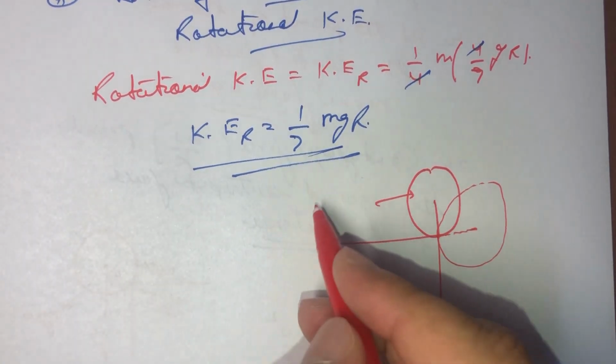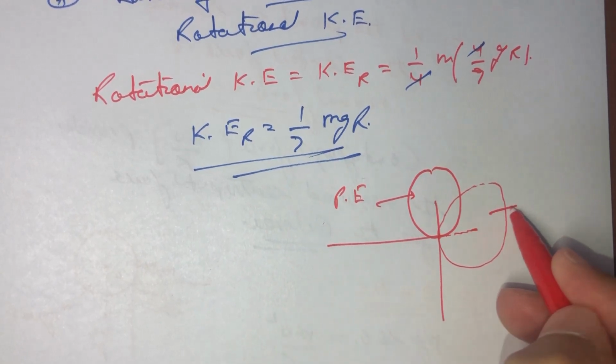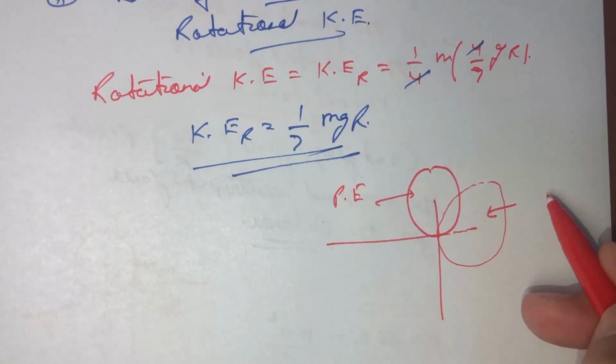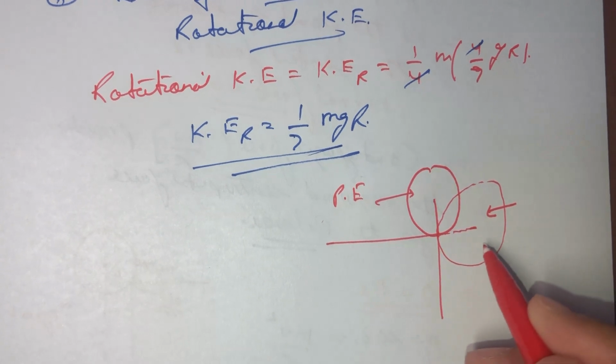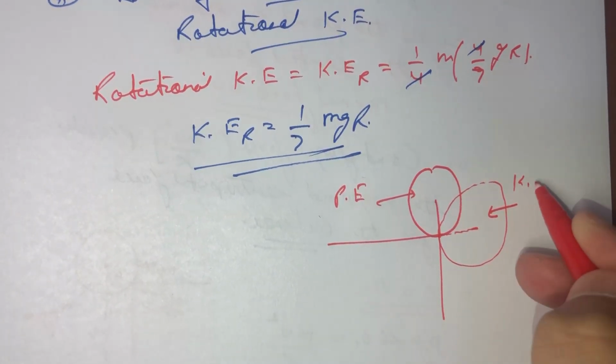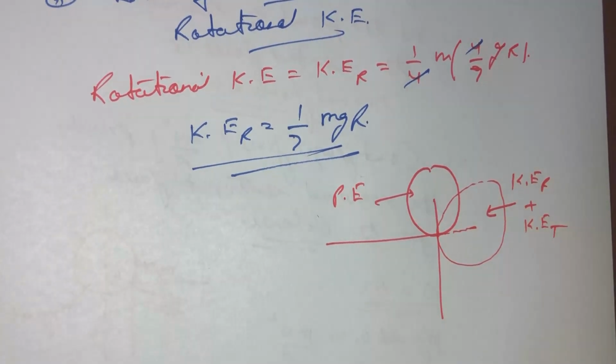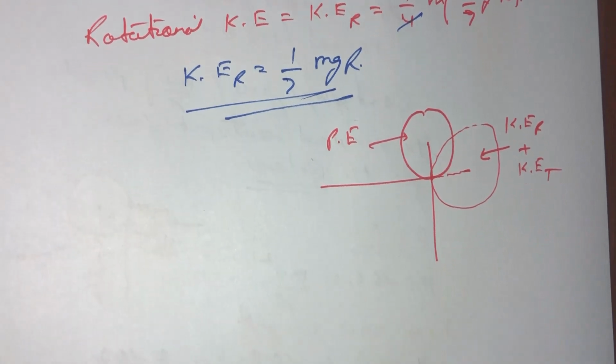So at this position, the entire energy was potential energy, whereas at this position, the energy will be the summation of kinetic energy rotational plus kinetic energy translational.